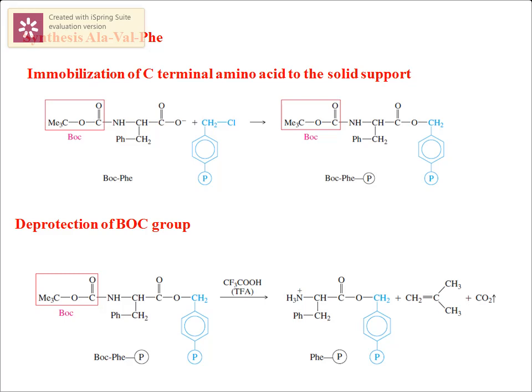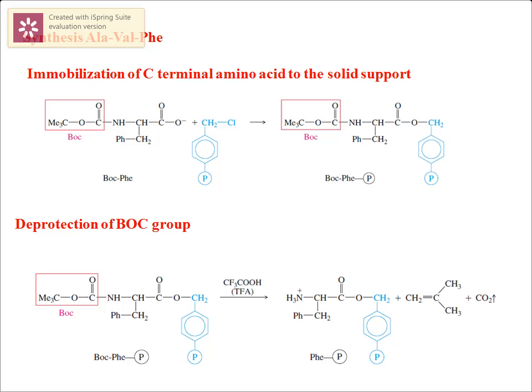It's a highly insoluble solid support. In this solid support, in between the styrene monomer units, some of these styrene units are functionalized with CH2Cl. So the polystyrene polymer contains CH2Cl as active centers.